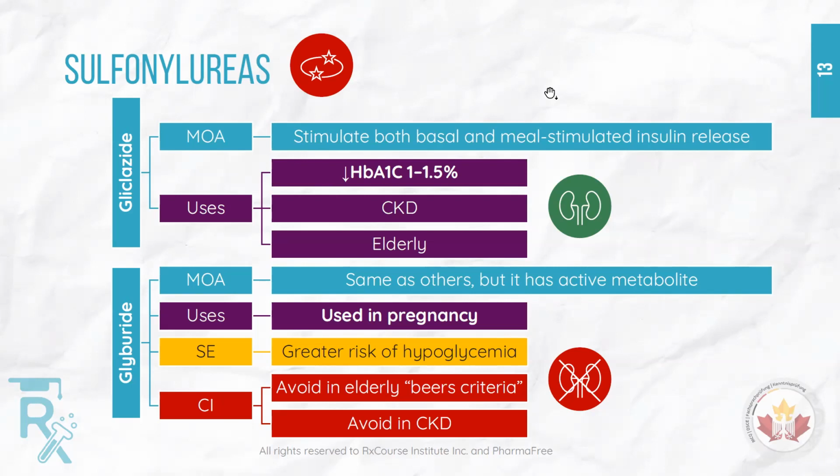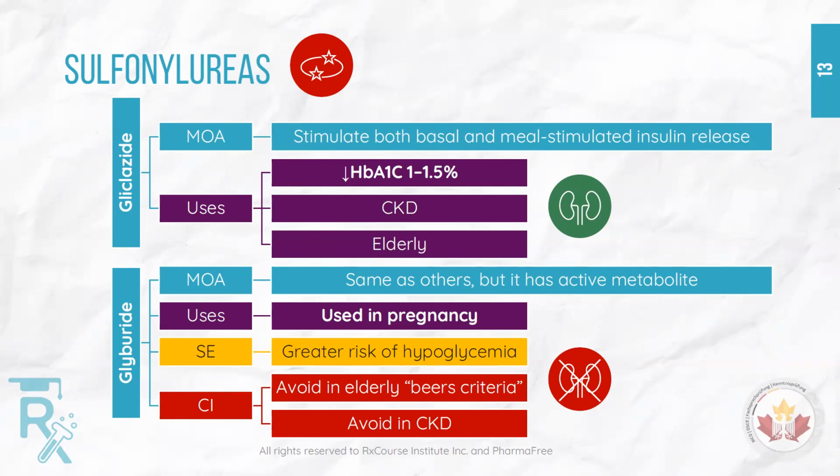Also, gliclazide can be used with the elderly, and glipizide is not preferred in the elderly because most elderly show decreased kidney function. This is why it's not recommended to use glipizide.